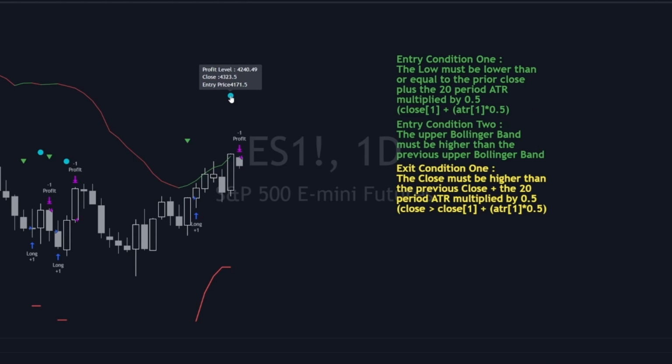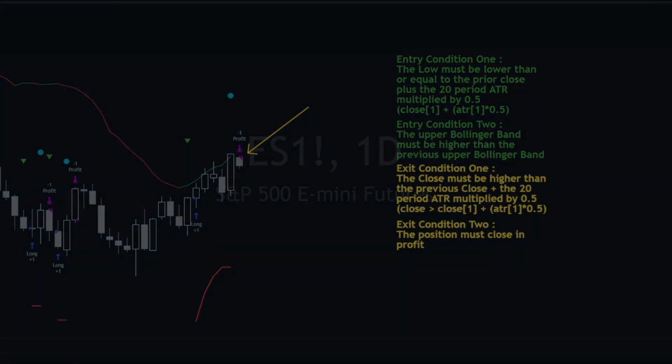The close was at 4323.5 and our entry price was 4171.5. So that, when we add in our standard exit condition of the position being in profit, means that both these exit conditions have been met, and we can close the trade at the opening of the next bar. At this point, the trade is complete.